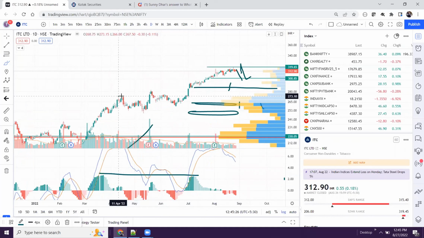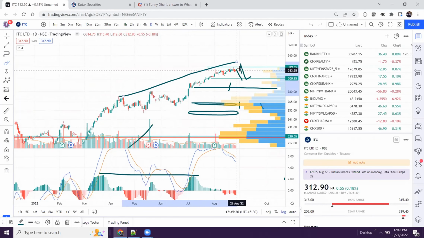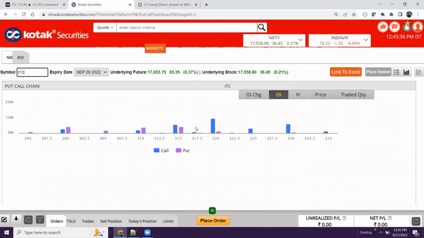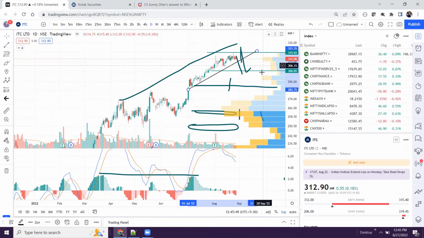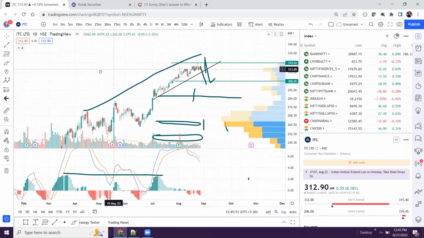There is a clear divergence, because MACD is not showing that momentum, so it can anytime give us a fall. Now suppose we know that 320 is a resistance. From the same resistance, if I get a double top or something like this, I will take the trade. Also, if I get a trend line breakout or some pattern, I can trade. So, clear?